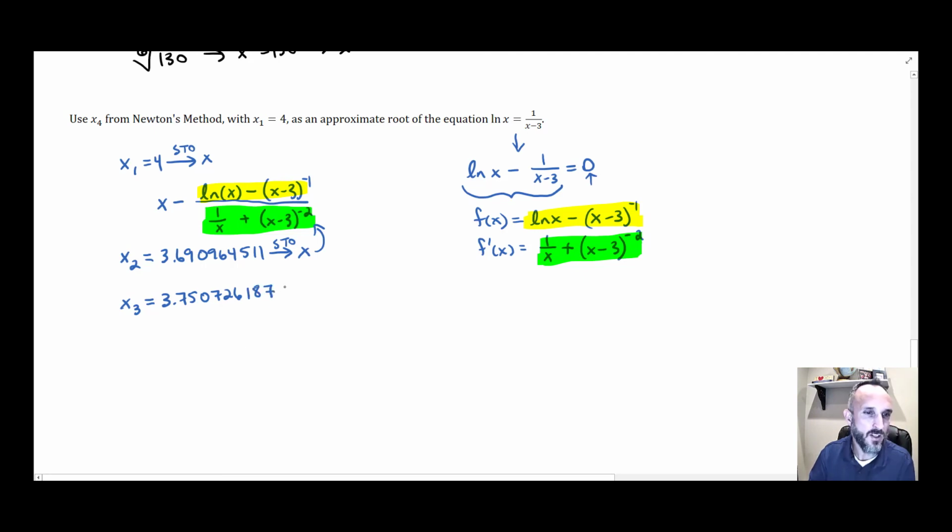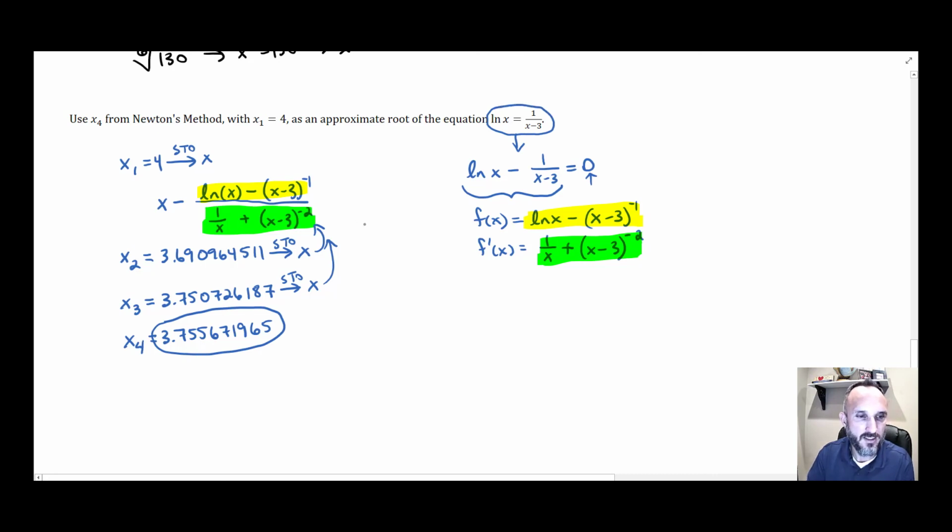Okay? We'll store that to be our next approximation. Go back and re-enter the formula to get our final x sub 4, which I have as 3.755671965.